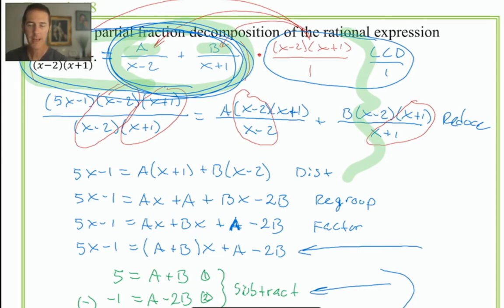So that's a very process-oriented phase of this decomposition that you need to commit to memory. After that, put this stuff onto a flashcard: distributing, regrouping, factoring so that you can equate the left and right hand stuff to each other.